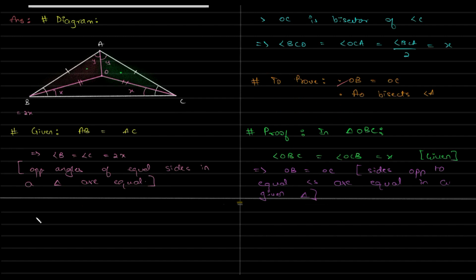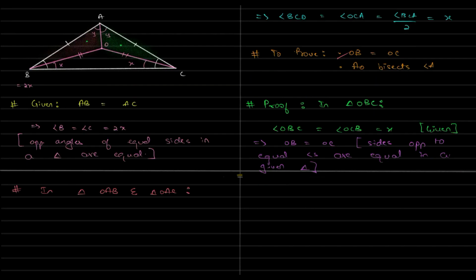So in triangles OAB and OAC, we have AB equal to AC given, OA is common, and we have OB equal to OC.